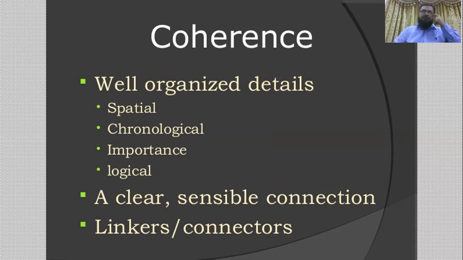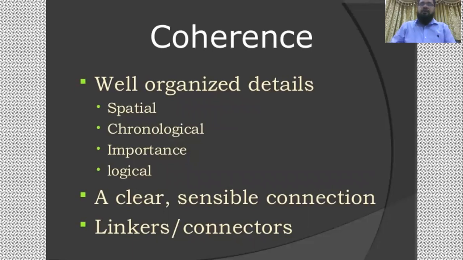Spatial, that is according to the available space. Means you have to follow the specific guidelines for the word limit. In your level, in class 9 level, a paragraph is of 5 marks, and you are supposed to write 80 to 100 words for 5 marks.